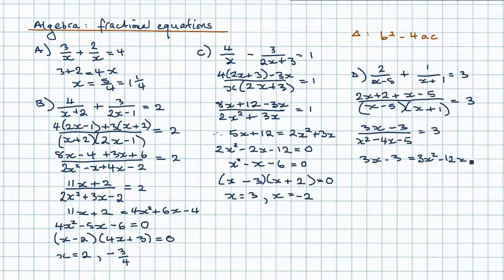And then put an equal to 0, 3x squared minus 12x minus 3x gives me minus 15x here then. And then I've got minus 15 plus 3, so it's going to be minus 12 equals 0.